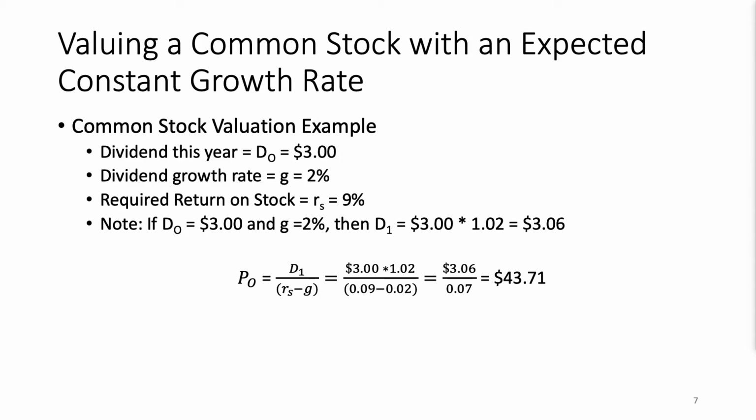Make a note of that. $3 times 1.02 is D1, next year's dividend. The 1 means a year from now. Then you divide it by Rs minus g, which is 0.09 minus 0.02, which is 0.07. So I take $3.06 divided by 0.07, and you get $43.71.